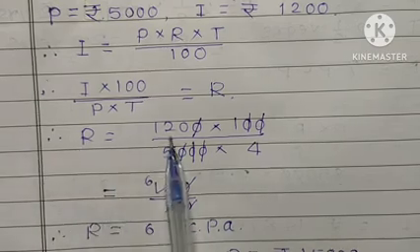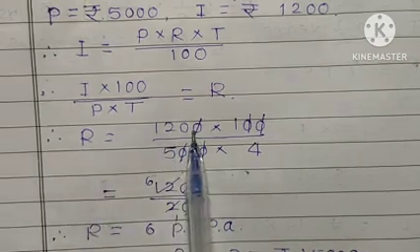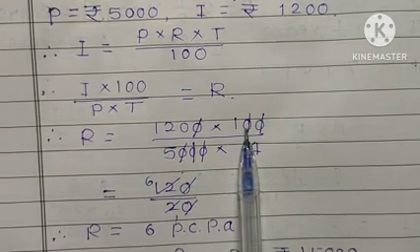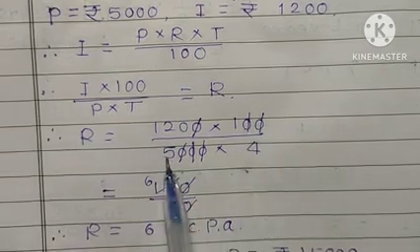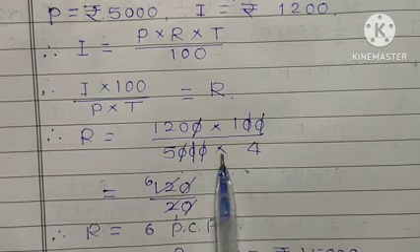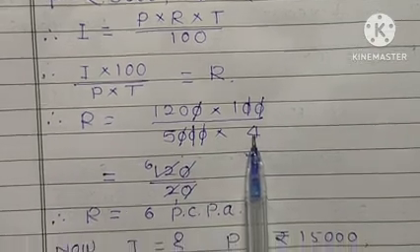R is equal to I 1,200 into 100 upon 5,000 into T is 4.